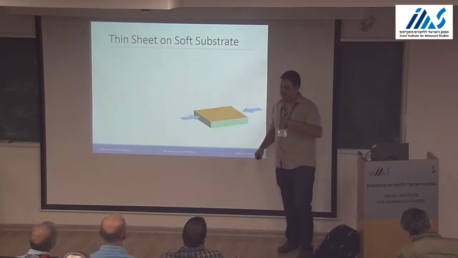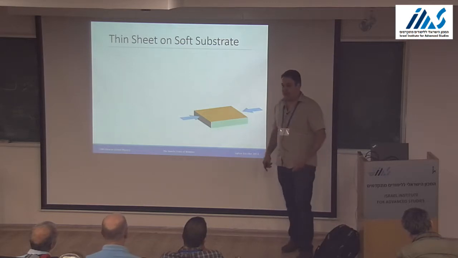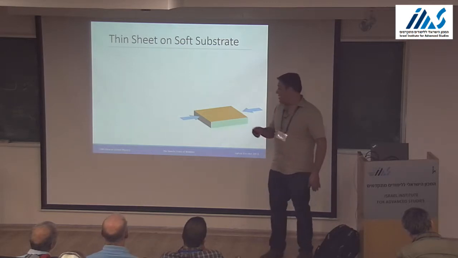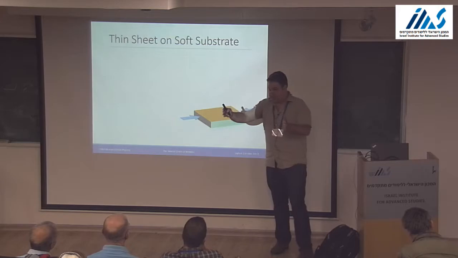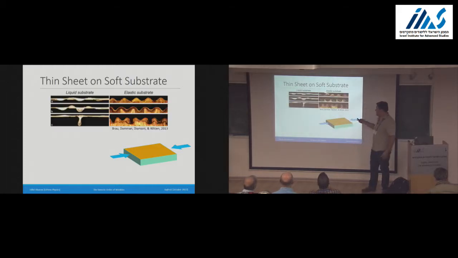So if we take a very thin elastic sheet and put it on a soft substrate, it can be a liquid, it can be a much softer solid, and then we compress it from the sides, then typically it wrinkles at some finite wavelength. I'm going to talk about this in a minute. And if you further compress it, there are some nonlinearities.